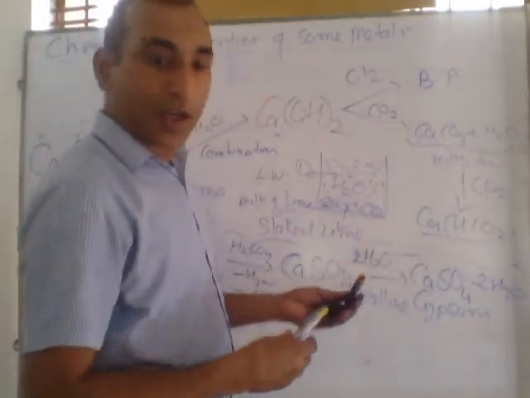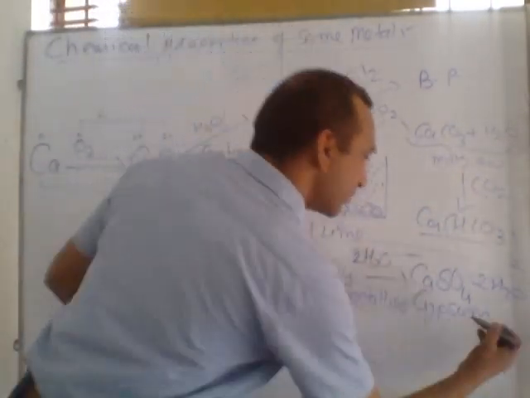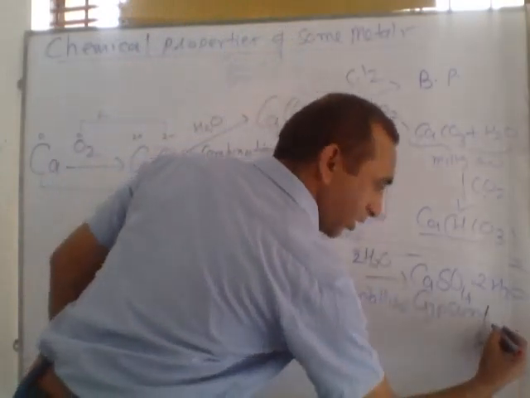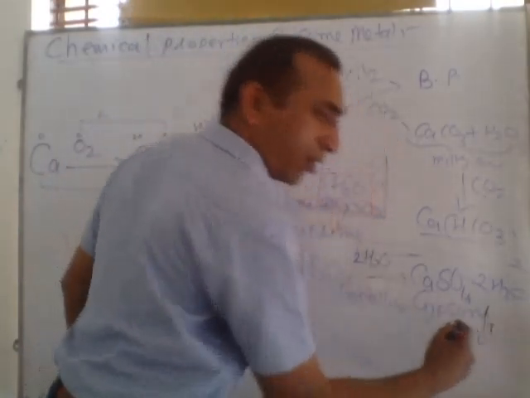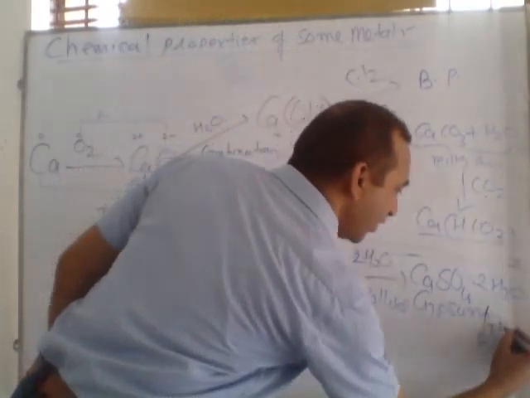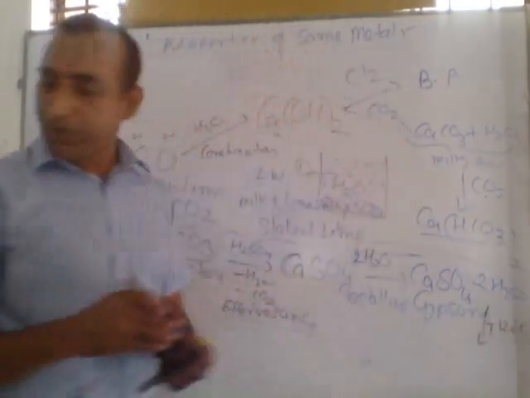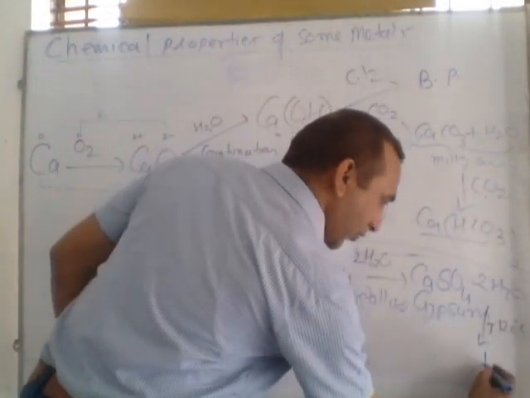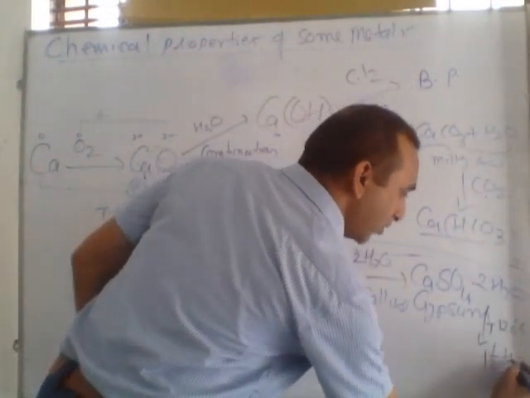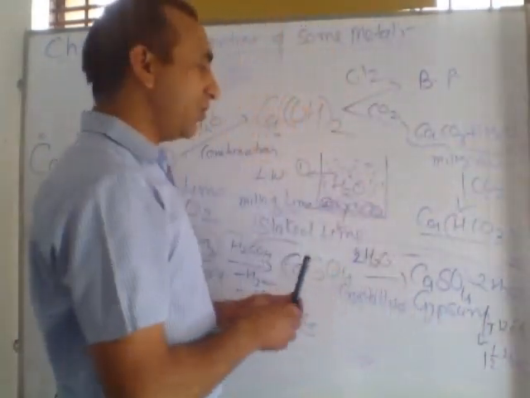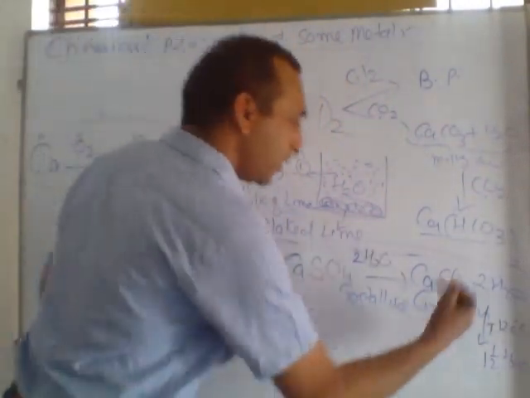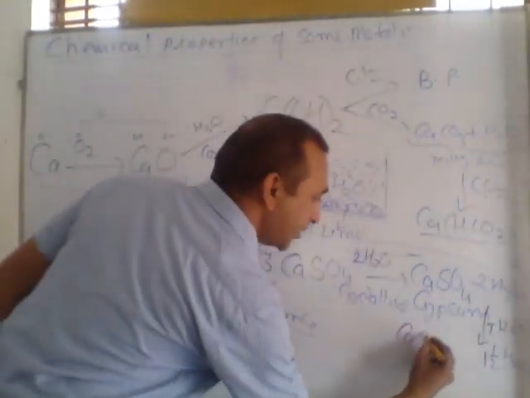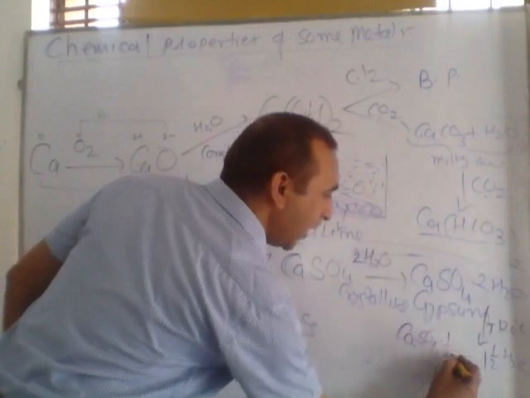If we heat gypsum above a temperature of 120 degrees Celsius, from 2 water molecules, 1.5 water molecules are removed, and the remaining is calcium sulfate dot half H2O.